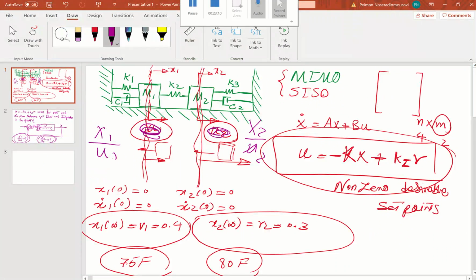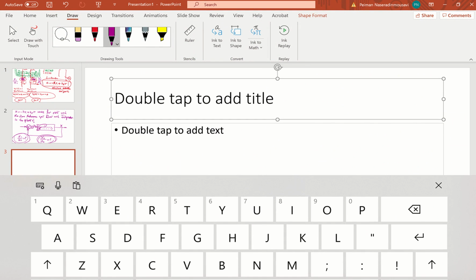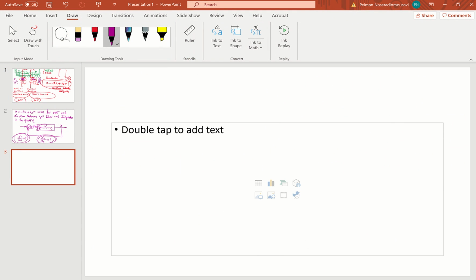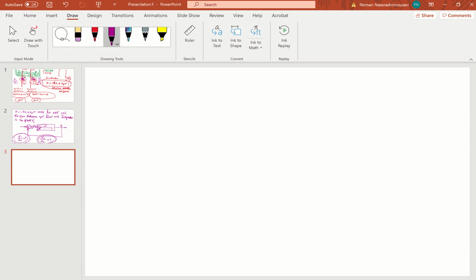So what is the solution? I want you to try it as homework. First try it. The solution, after knowing that there is no integrator, is this control that I taught you: u = -Kx plus Ki zeta.